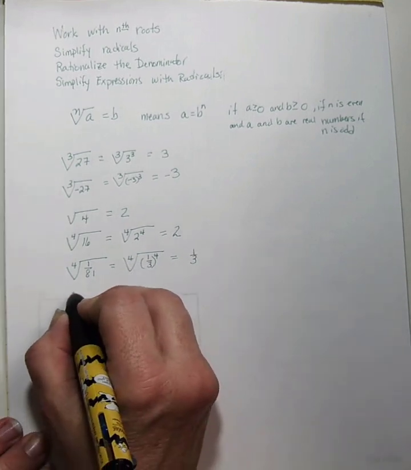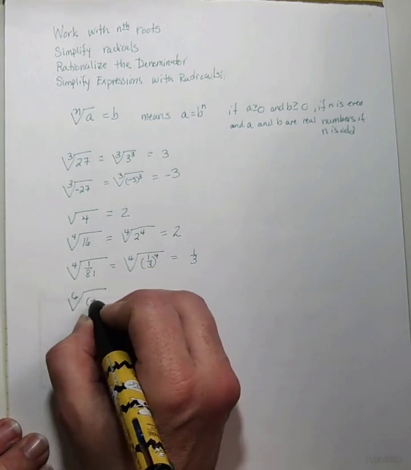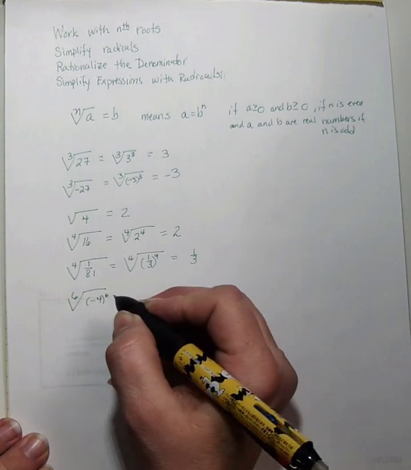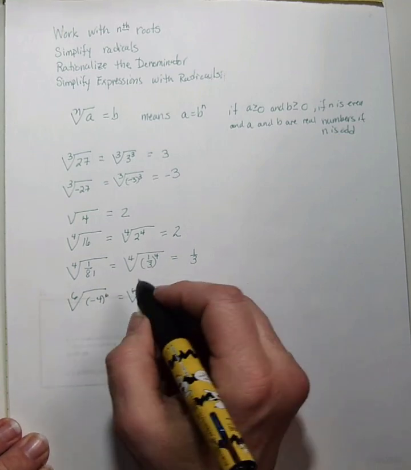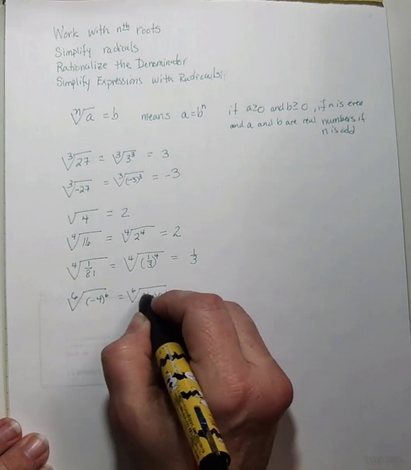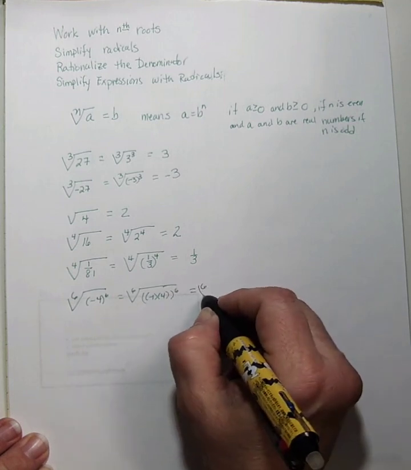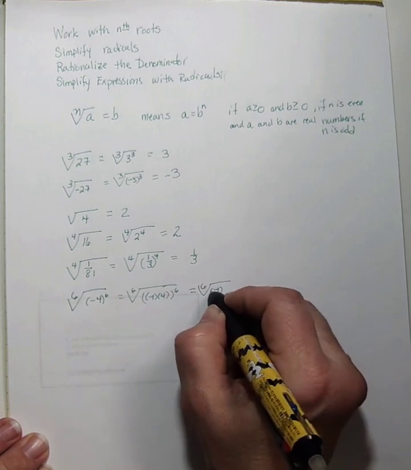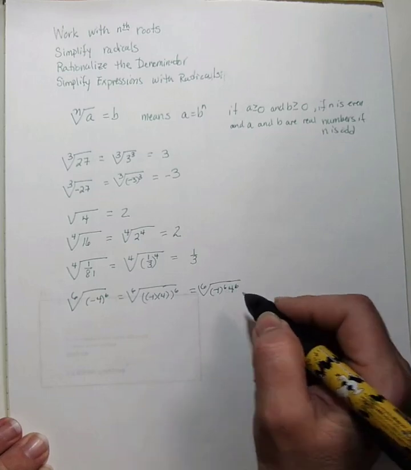If I had the sixth root of negative 4 to the sixth, I could rewrite that as the sixth root of negative 1 times 4, all to the sixth power. So negative 1 to the sixth power, times 4 to the sixth power.